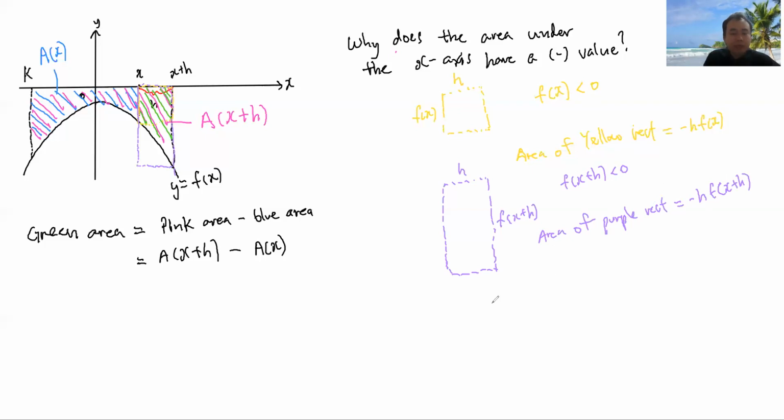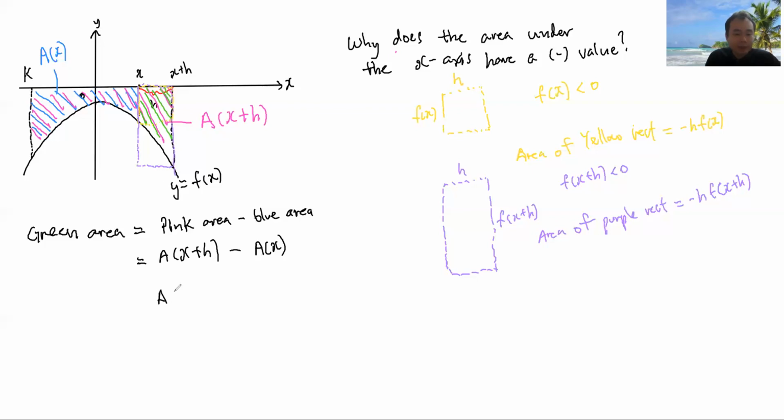Okay, now let's form some inequality to help us. Can I say that the green area is actually bigger than this yellow rectangle, but yet it is smaller than the purple rectangle? You can actually see from the drawing here, right? So the green area is given by A of x plus h minus A of x, right?